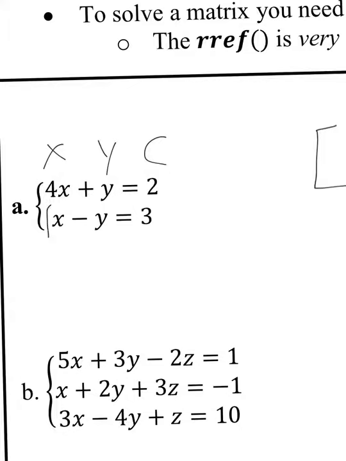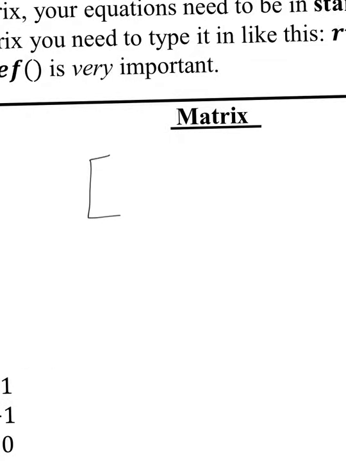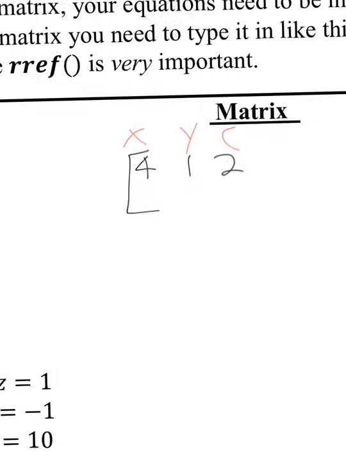So if there's not a number by it, there's a 1. And if there's a negative by it, it's really important to include the negative. So the signs are important and the coefficients are important. The letters are not, as long as it's in order. This one says 4x plus 1y equals 2. So I'm just going to write a 4, a 1, and a 2. Again, I have an x column, a y column, and then a constant column.